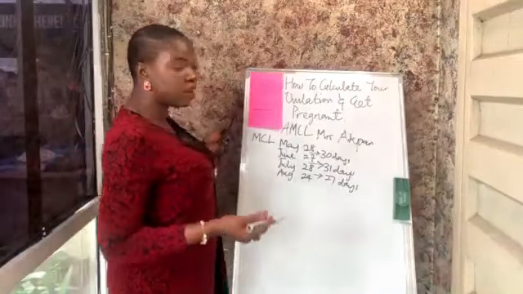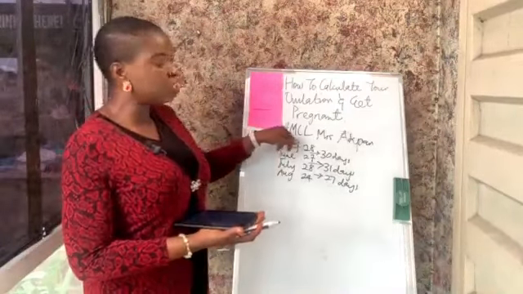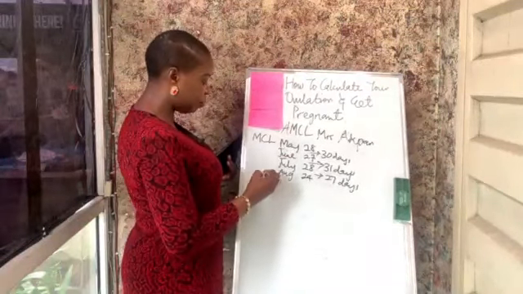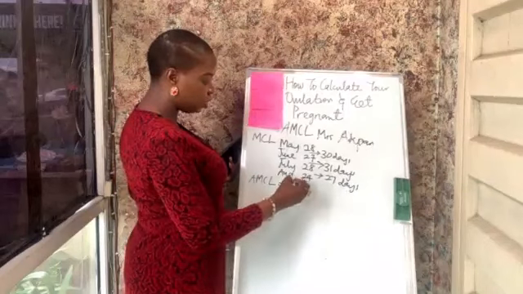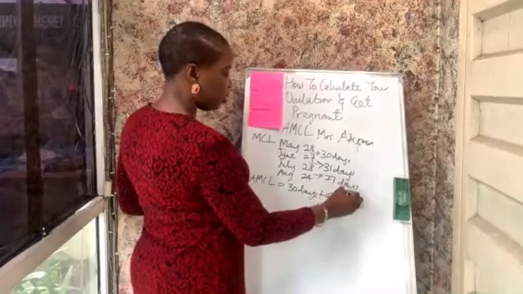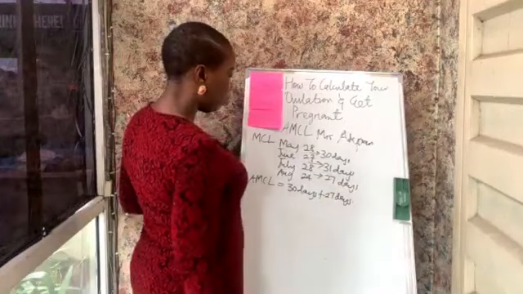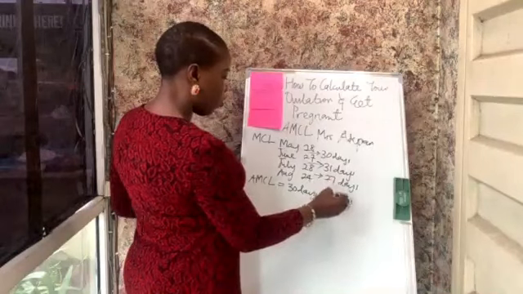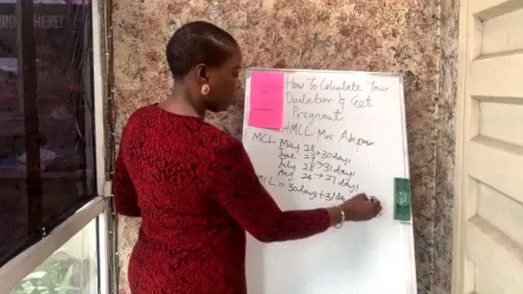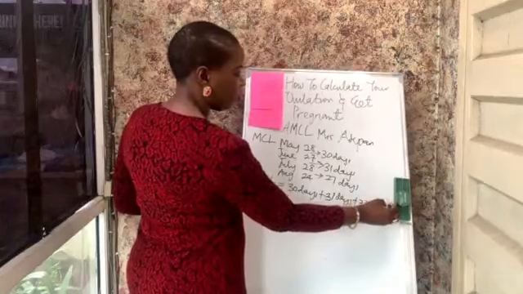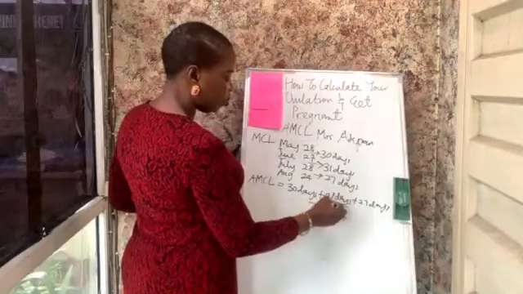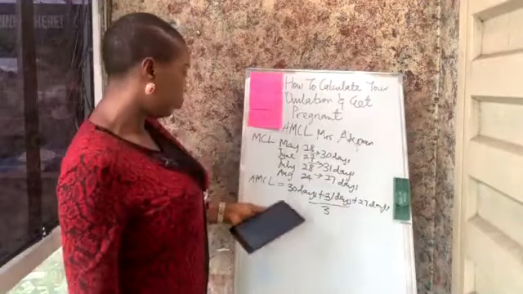So now we are looking at average menstrual cycle length. That's where we are going. AMCL will be equal to 30 days plus 27 days. No, sorry, 30 plus 31 plus 27 days. Of course, we have 3 cycles, so it will be divided by 3, right?